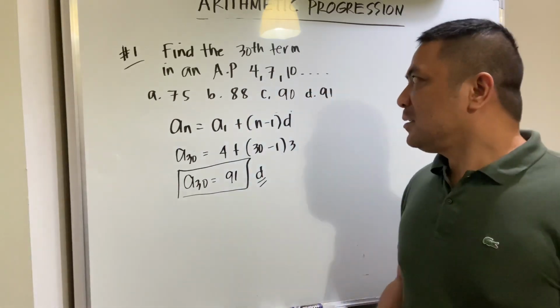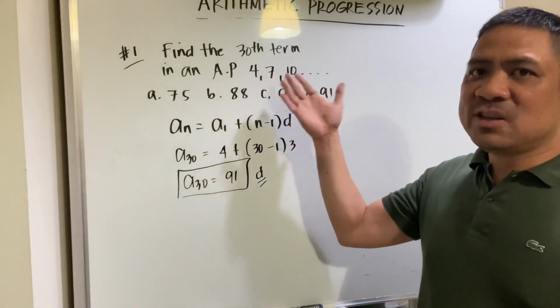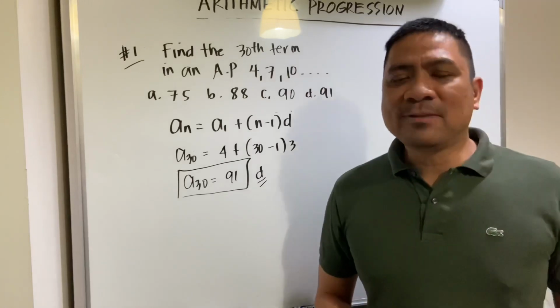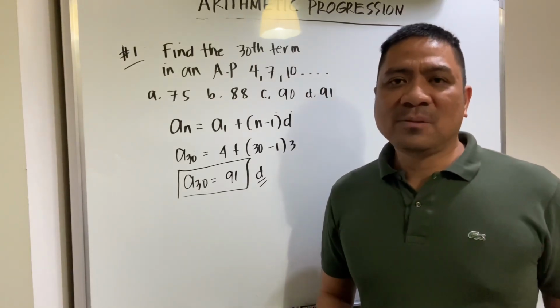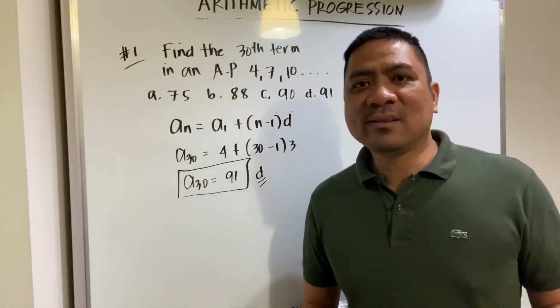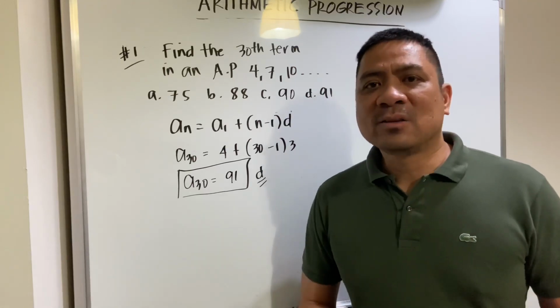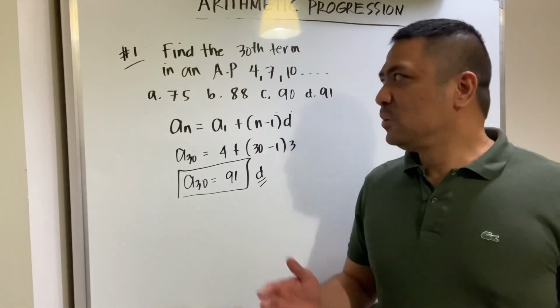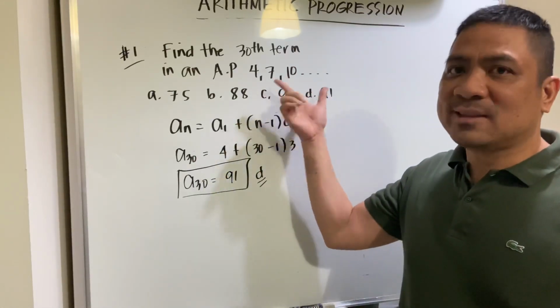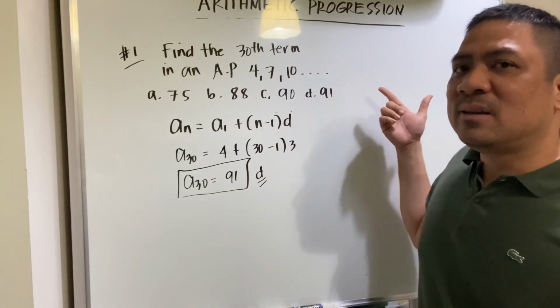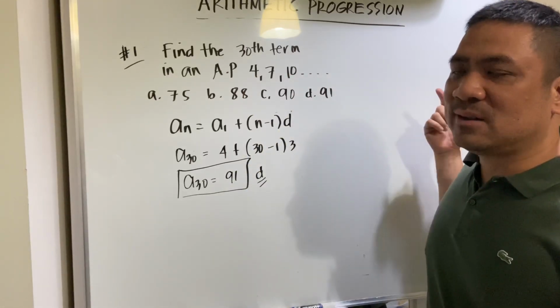In this case, the 30th term is still manageable, but if we are asked to find the 100th term or the 200th term, 1000th term, I think it's not practical anymore to extend the series up to the 100th or 1000th term.